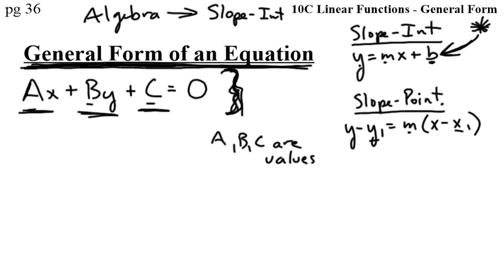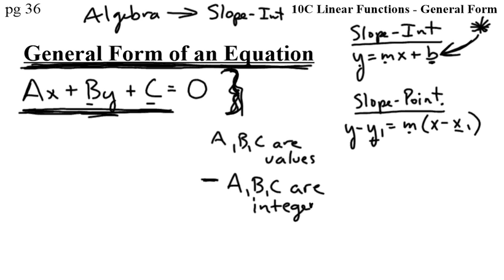So in order to have general form, what is important? As much as this might be given initially with fractions, what's essential is that A, B, and C are written as integers, whole numbers. So we might be given a question where A, B, or C are fractions. We need to make sure that A, B, and C are written as whole numbers. We're going to have to manipulate it sometimes.